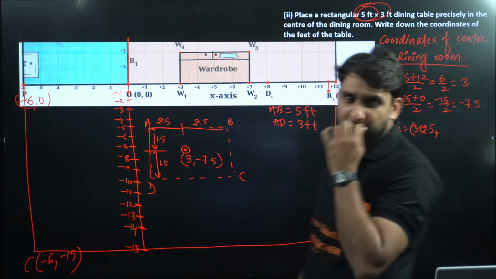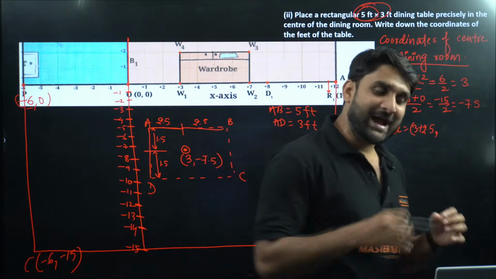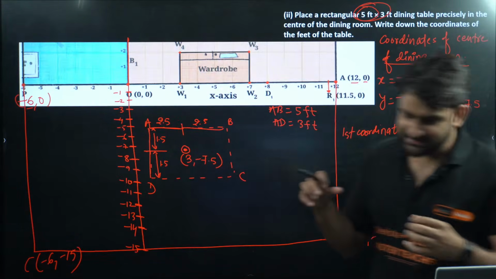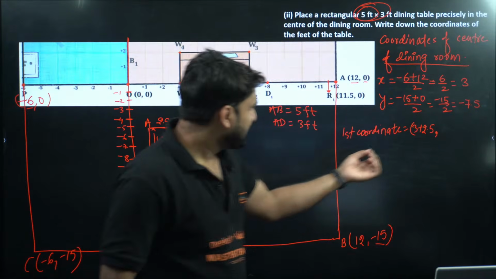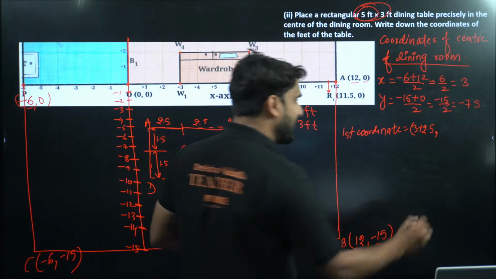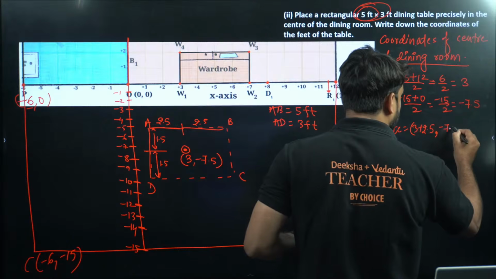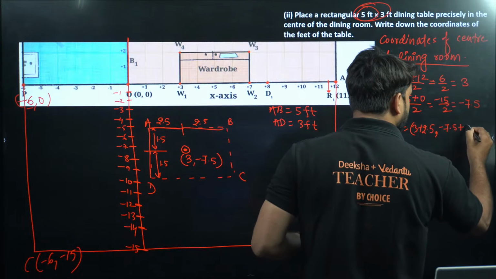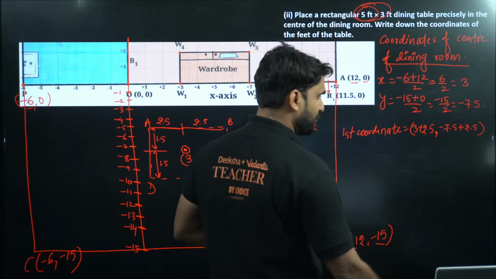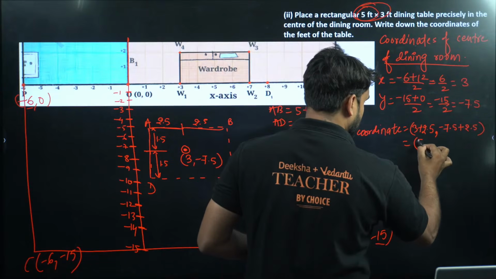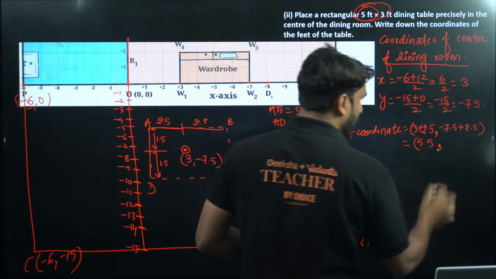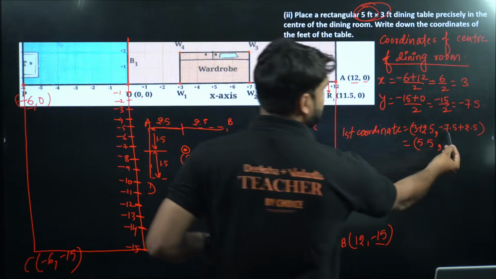I mean, to find out the first coordinate, add both the values. Minus this 3 plus 2.5, and for the y coordinate please add also. So the coordinate will become 5.5, comma, this is minus 7.5, 2.5.